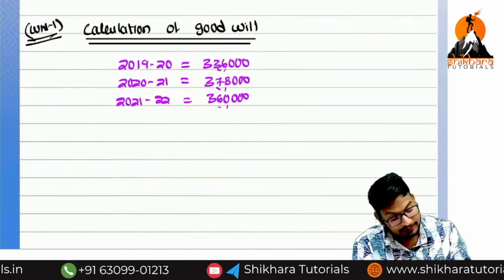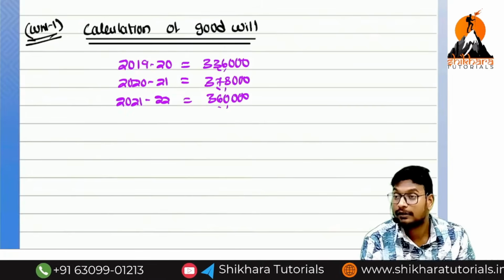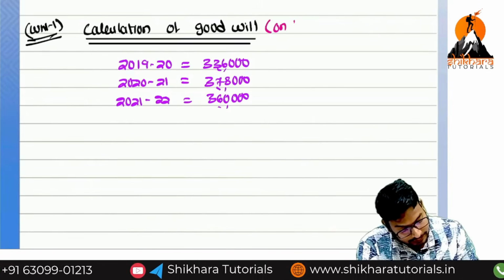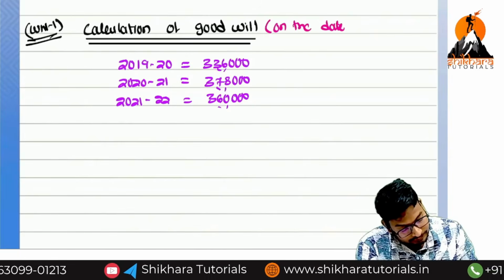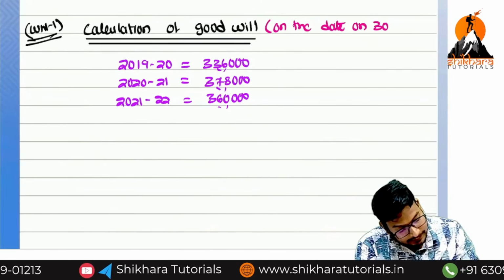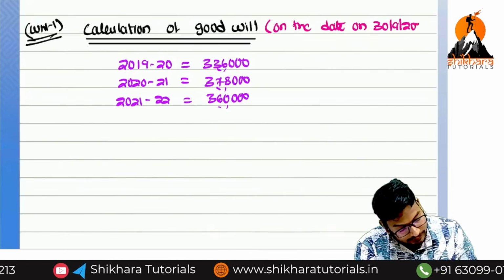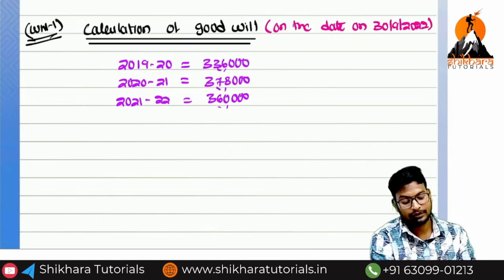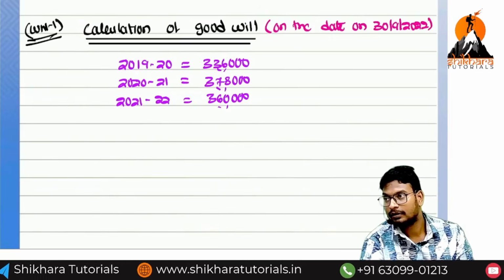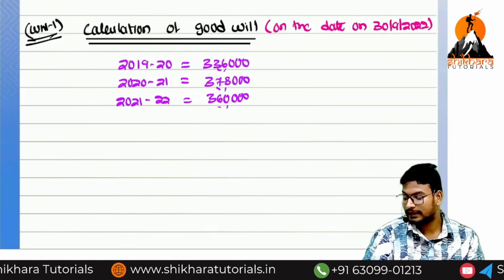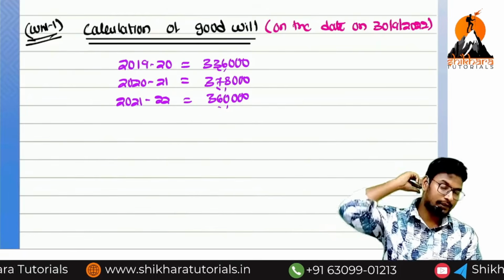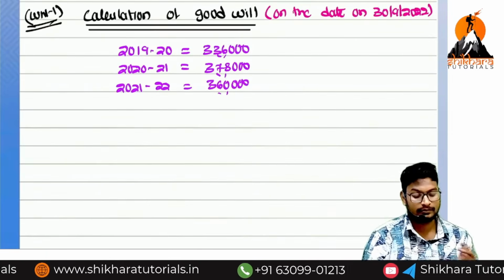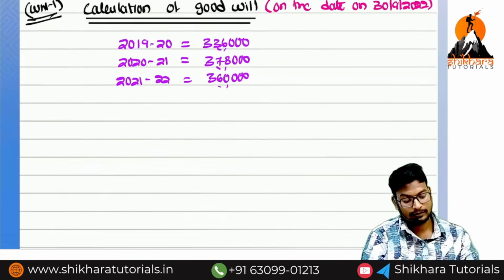Sir, on which date do we need to calculate this goodwill? On the date of death of a partner, 30th September 2022.